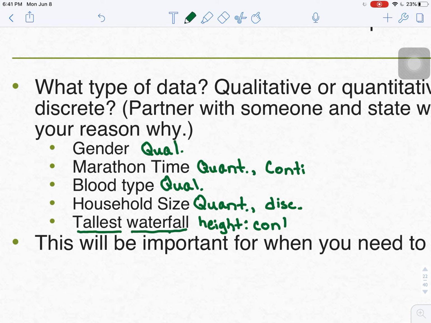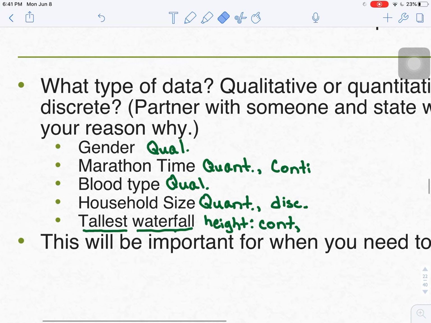If we want the height, that is going to be discrete, because the height actually does end.